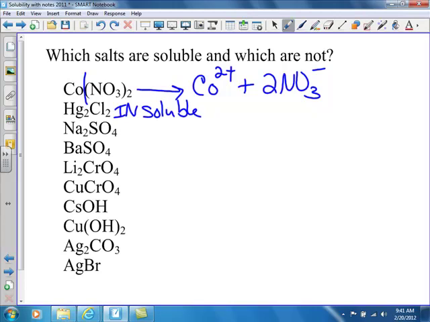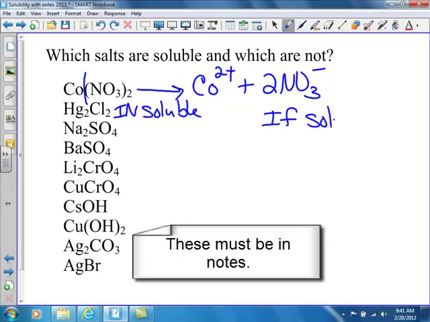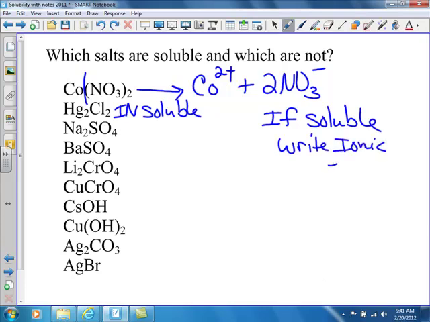If they are soluble, write the ionic equation. Okay, so I'm just going to give you the answers now.